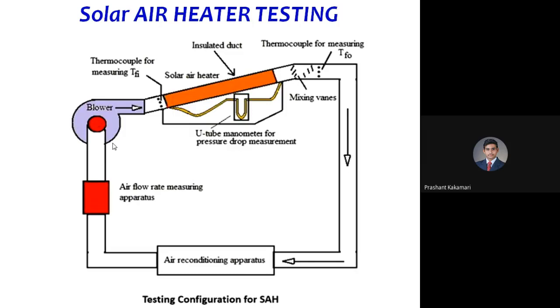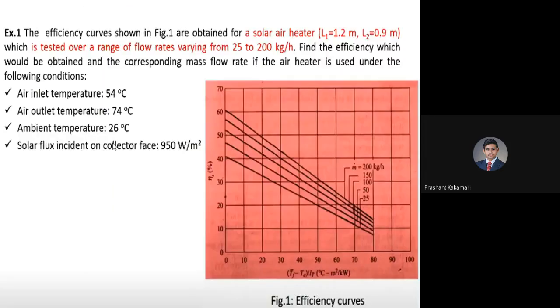And coming to the data analysis. Before reading this question, I request all of you to go through this chart first. In this chart, you can see many different lines drawn. On the x-axis, the temperature difference versus solar incident radiation data is taken.